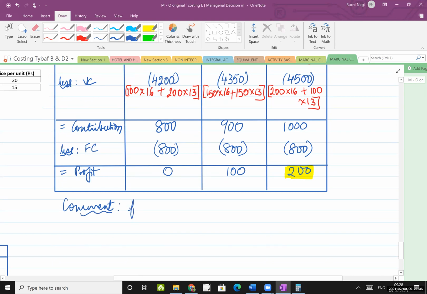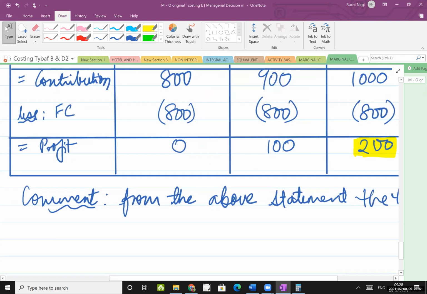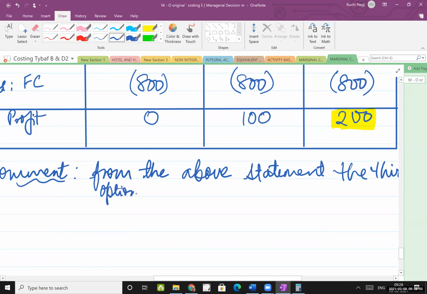From the above statement, the third option has the highest profitability.